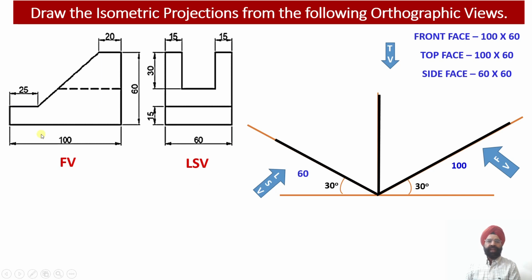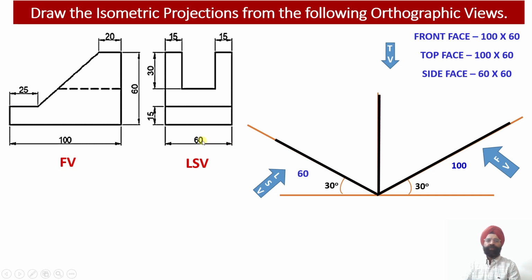Corresponding to the front view, we can see that the length dimension is 100 millimeter. The height of the solid is 60 millimeter, and the width of the solid, as available from the left hand side view, is 60 millimeter.